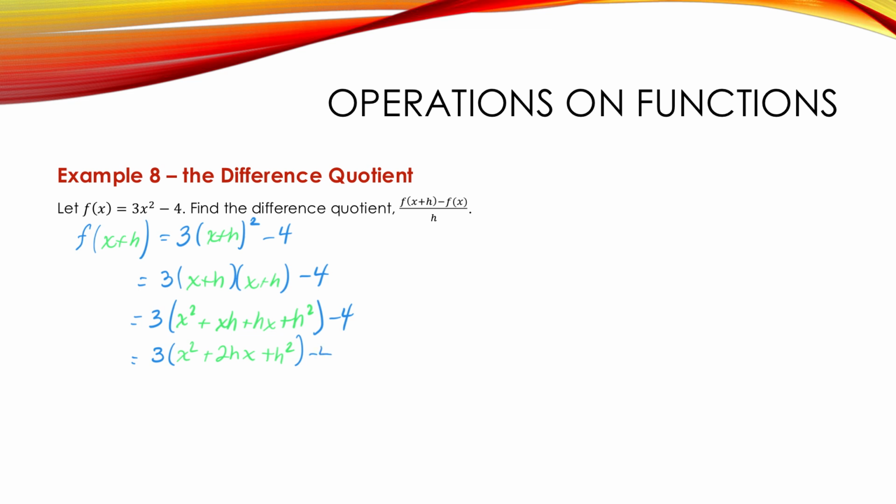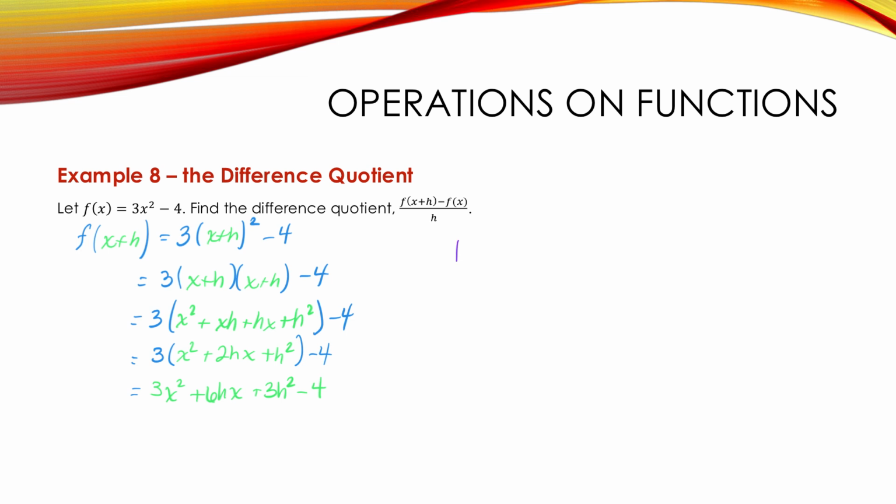And then we have our minus 4. So if we simplify, we end up with 3x squared plus 6hx plus 3h squared minus 4. And now we can put it all together to find our difference quotient.